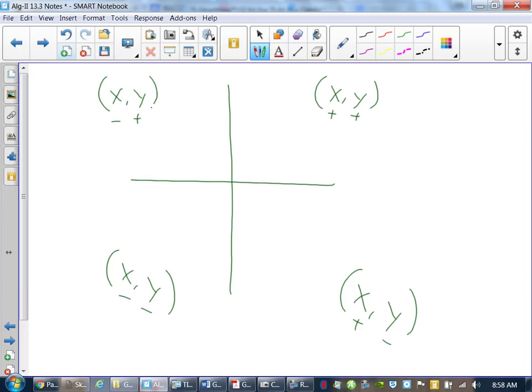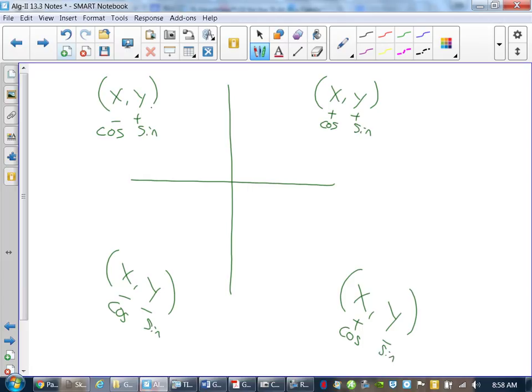They're both positive here. Cosine is positive in the first quadrant. Sine is positive. Cosine's negative, sine's positive. Cosine's negative, sine's negative.